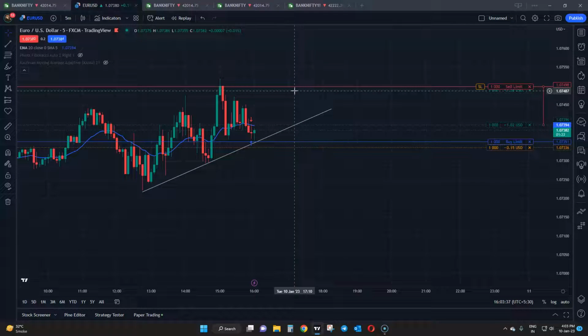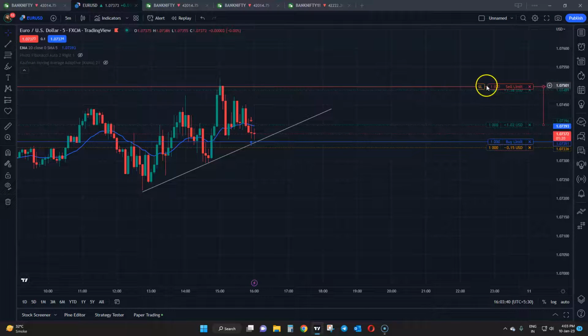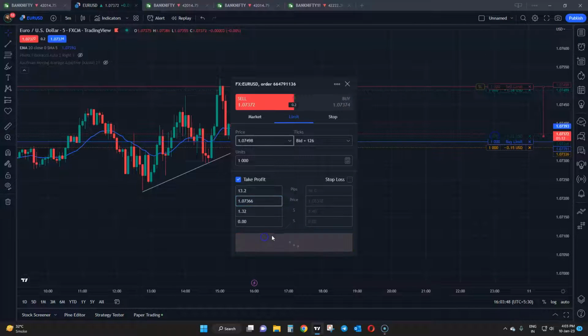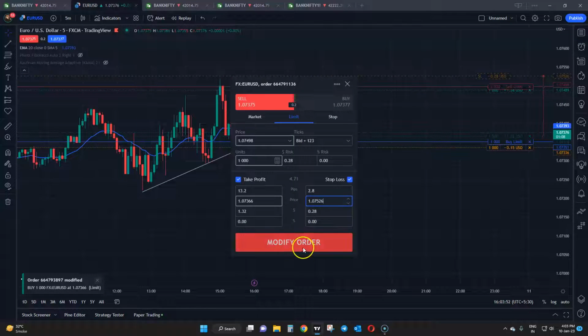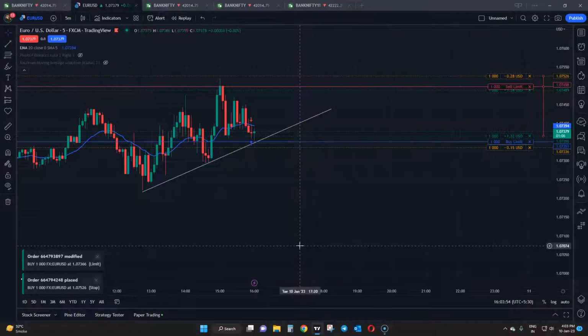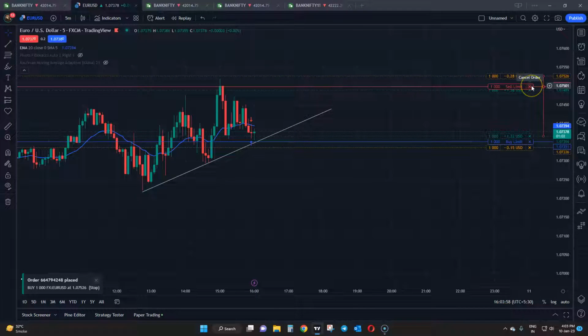And if you want to sell at resistance, you can place a limit sell order. For that limit sell order, you can have a take profit or a target somewhere close to the support here. And you can have a very small stop loss so that the risk to reward ratio is justifiable. So this covers limit orders in short.